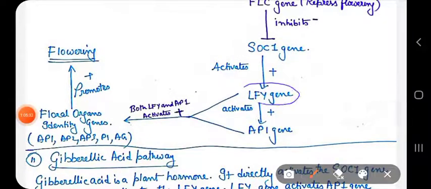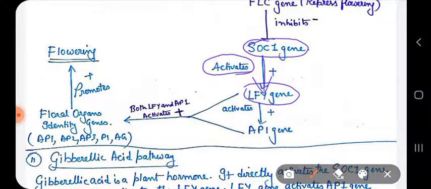And you know the LFY gene falls under the category of floral meristem identity genes, right? So when the SOC1 gene gets activated, it activates the LFY gene, which is one of the class 1 floral meristem identity genes. The LFY gene then activates the AP1 gene, called apitela 1, and together they activate the class 3 floral organ identity genes.